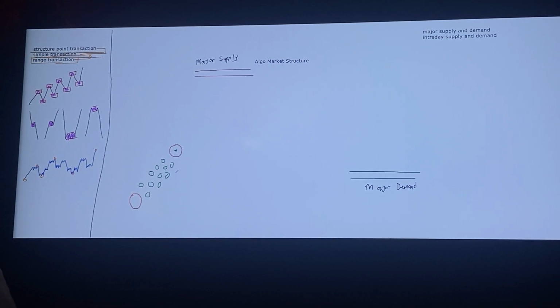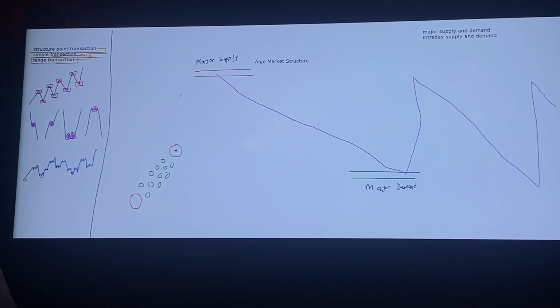It's funny, but price loves to do that a lot. Price loves leaving a major supply to a major demand, to a major supply, to a major demand, to a major supply, like that.